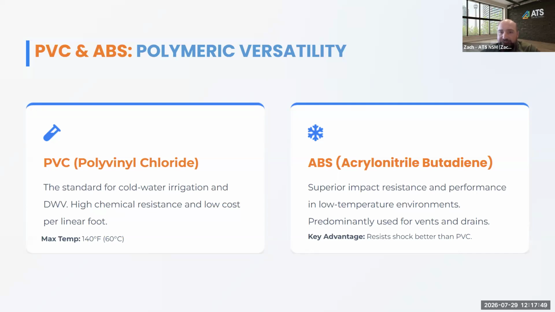Looking at the ABS side, it's a little bit of a stronger product. They've got improved impact resistance. Again, great performance in low temperature applications. So neither of these are really great for our commercial kitchen applications, but in general applications, great for your DWV.